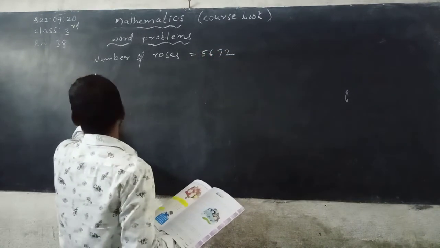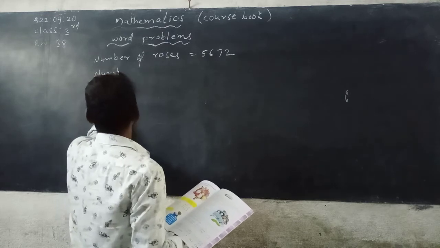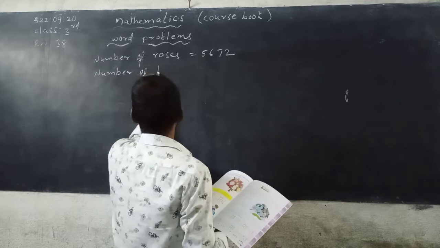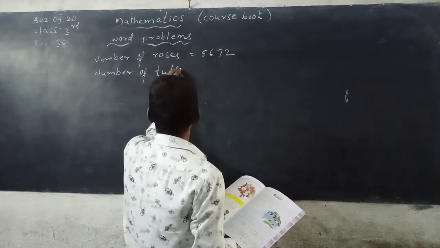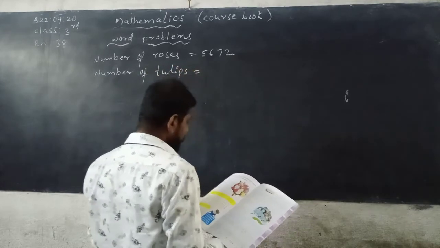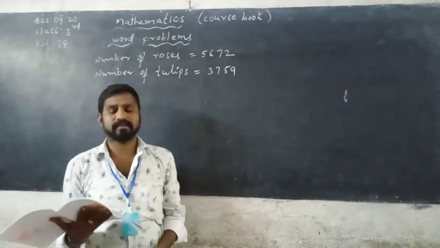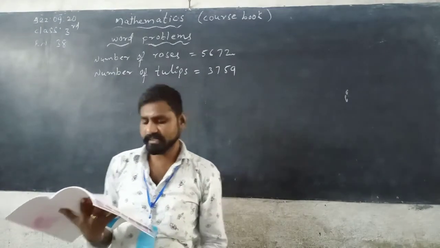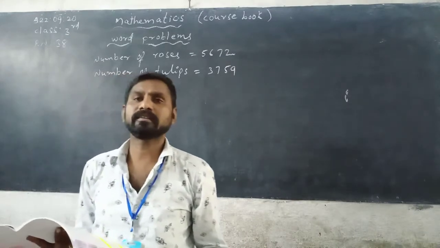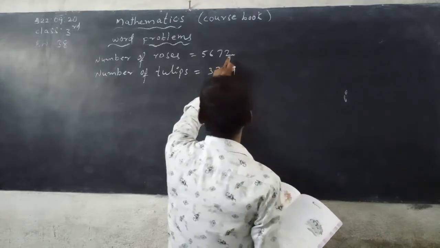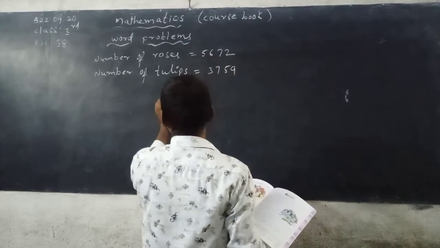Number of tulips is 3,759. So add the numbers and write the answer. See here, write the numbers in column according to their place values. See here, how many places are there? Ones, tens, hundreds, thousand. We can write.